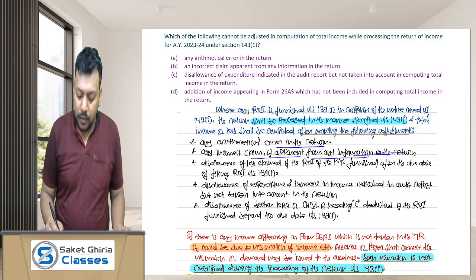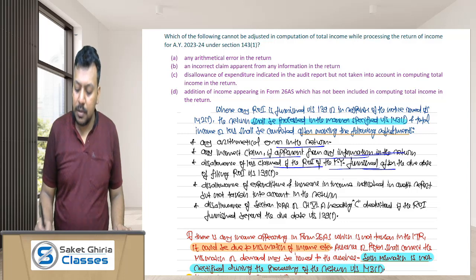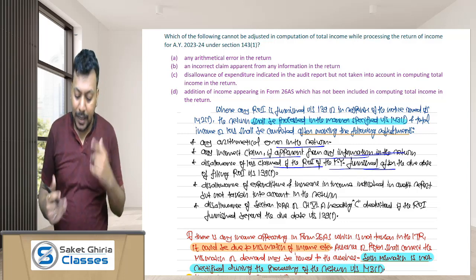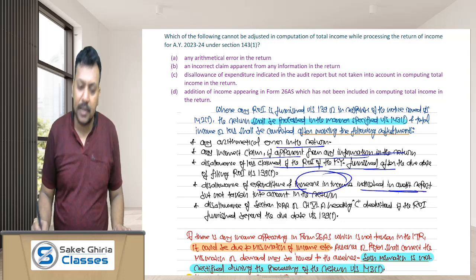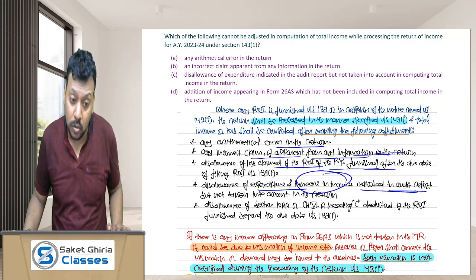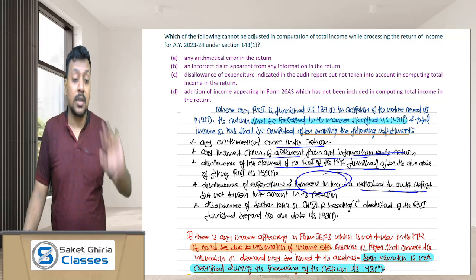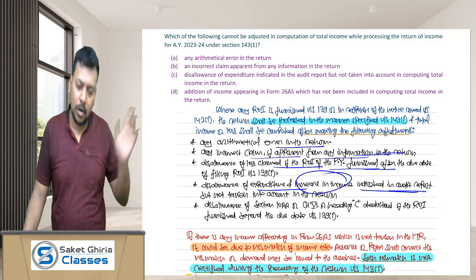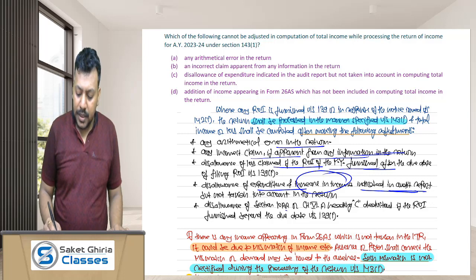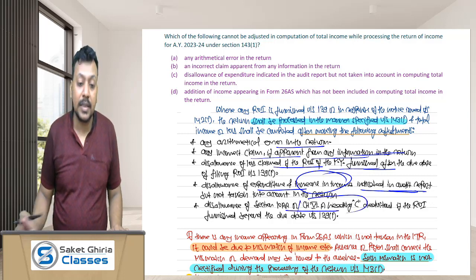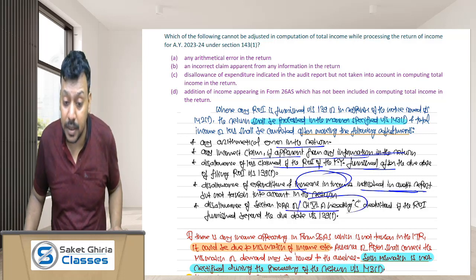Any disallowance of loss claimed if the ROI of the previous year was furnished after the due date. The disallowance of expenditure and increase in income indicated in the audit report, because here you know that the audit report is required to be furnished 30 days prior to the due date of furnishing ITR. Okay. Disallowance under section 10AA or Chapter 6A heading C deductions if ROI is not furnished within the due date.